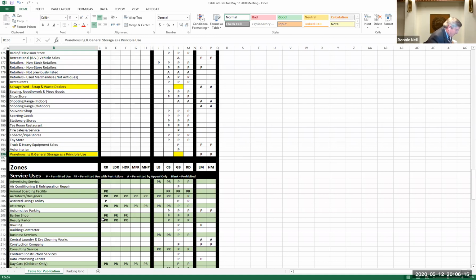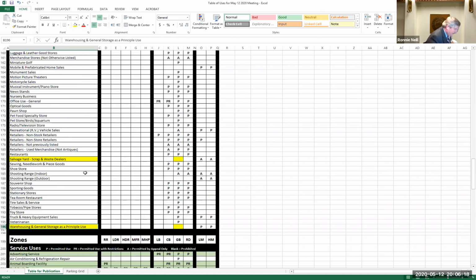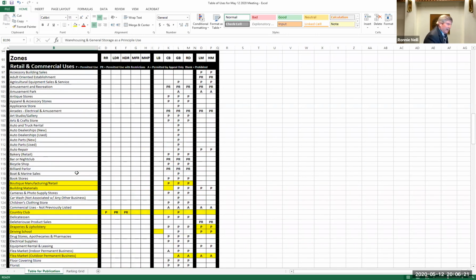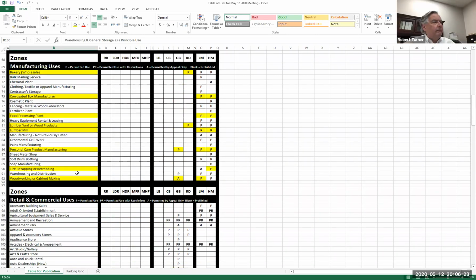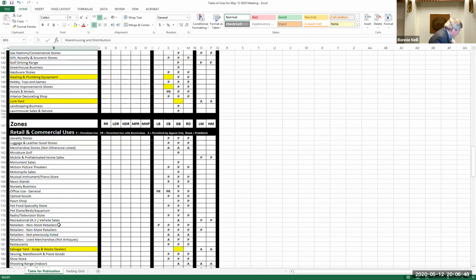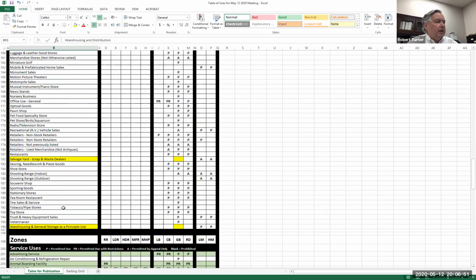All right, warehousing and distribution is also listed in manufacturing. Right. Maybe that just needs to be distribution. All right, so you have warehousing and general storage as a principal use permitted under retail and commercial, light manufacturing and heavy manufacturing.